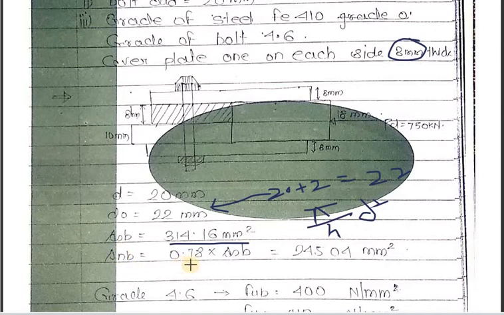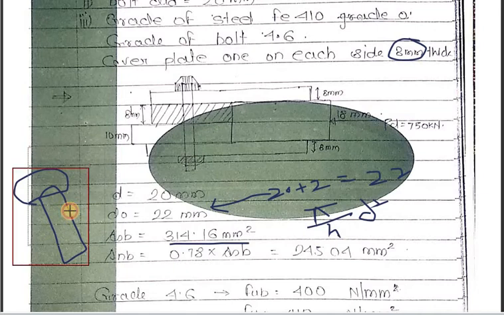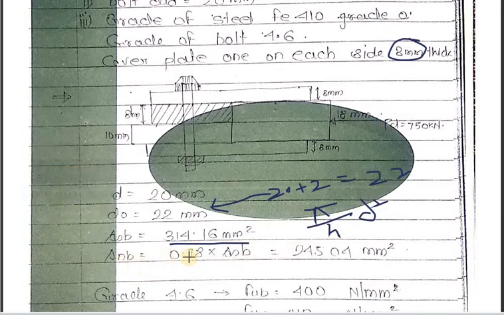Threaded portion is nothing but some area will be lost. Suppose I am having this bolt, which has some top portion in this way. This portion is the threaded portion. So the original ASB, that is the shank area, is this.